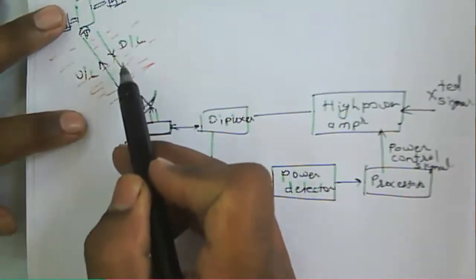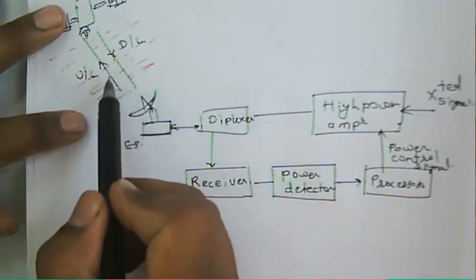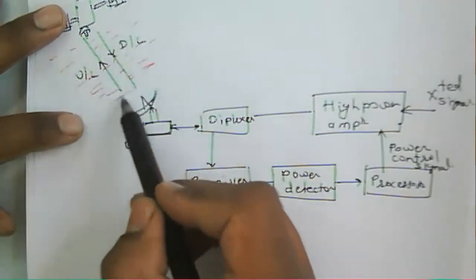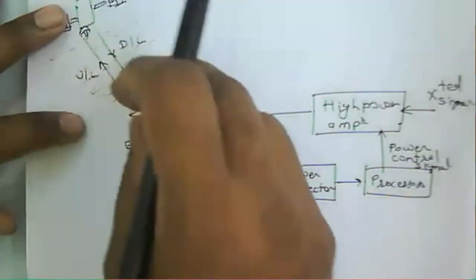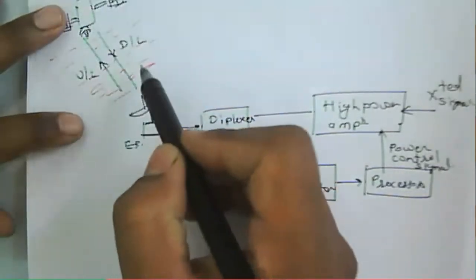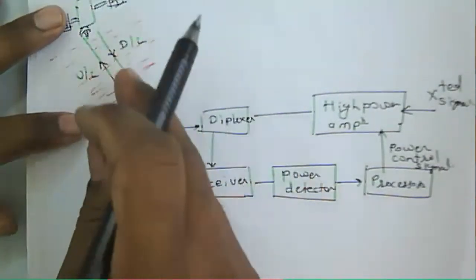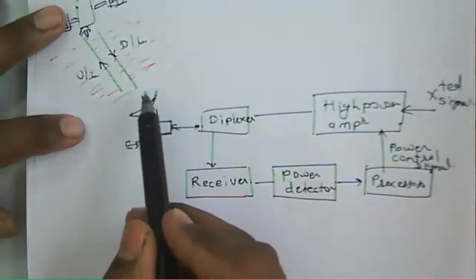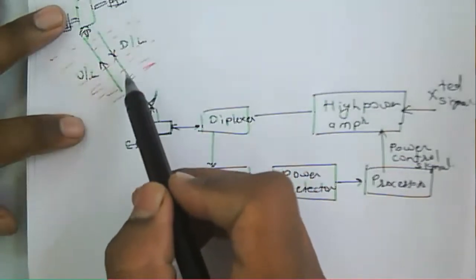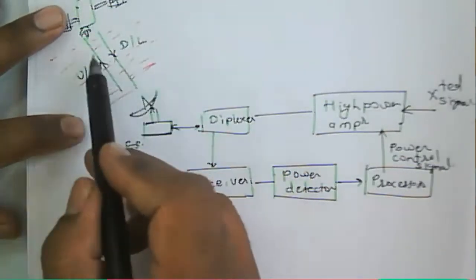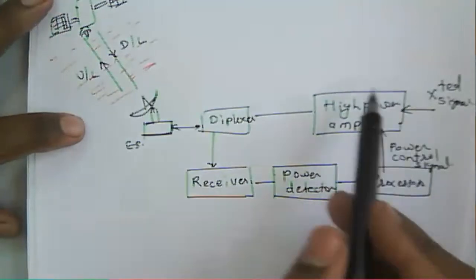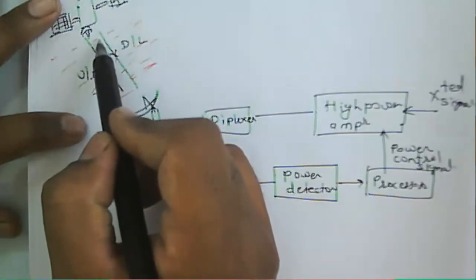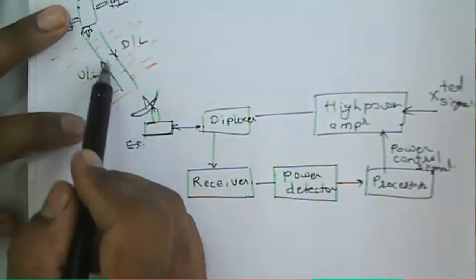So we need to monitor whether there will be rain or some obstacle, raindrops or something else, in that region. The earth station should know whether rain or something else occurs, so that we can increase the transmitting power, because the satellite is not able to receive that particular signal. So the satellite will send one beacon signal.